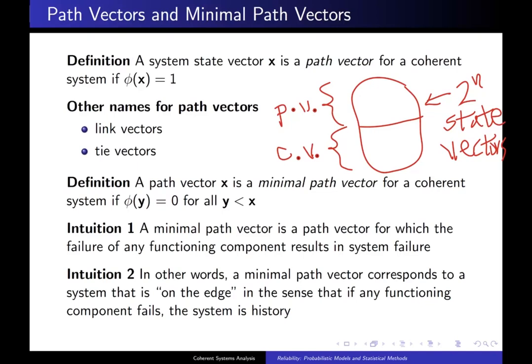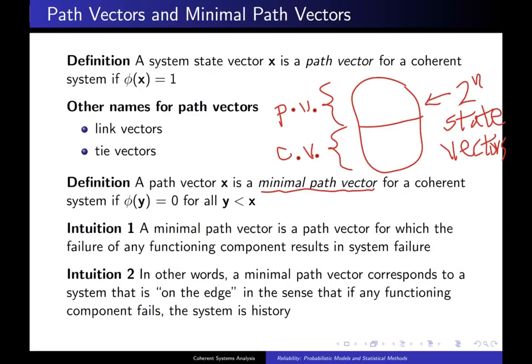So here is a second definition. A path vector x is a minimal path vector for a coherent system if and only if phi of y equals 0 for all y less than x.